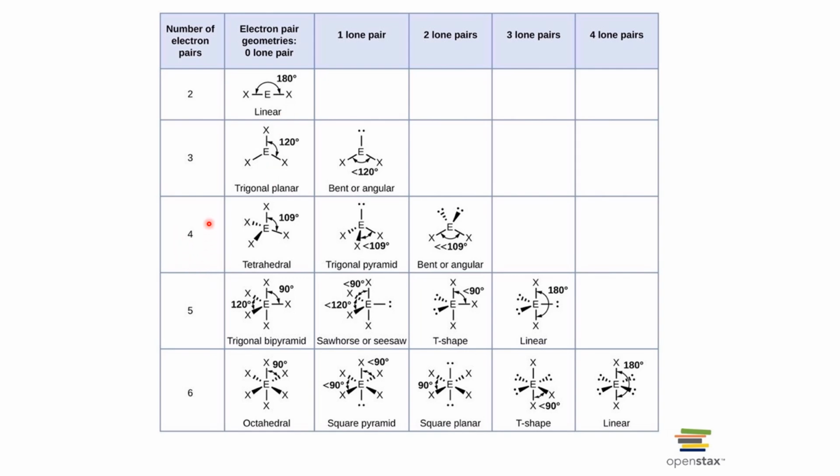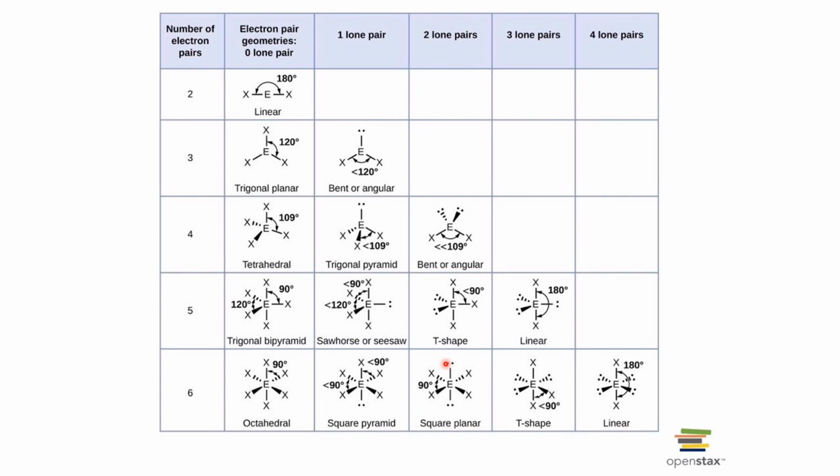If you have a total number of 4 electron domains and you have 1 lone pair, then you will have a trigonal pyramid. Or if you have 2 lone pairs with 4 total electron domains, you will have something that's shaped as bent. All right, and here also gives you the angles between the bonds.